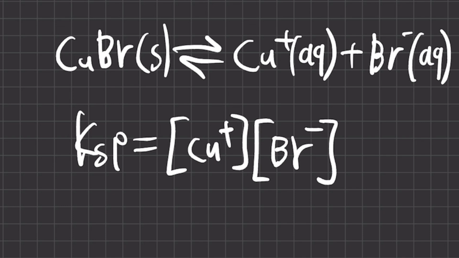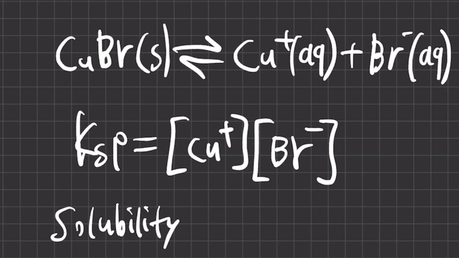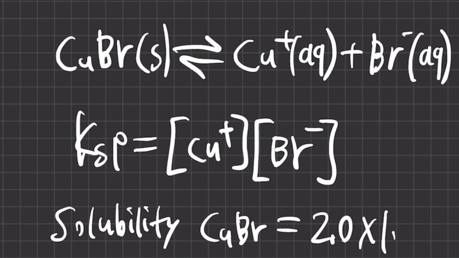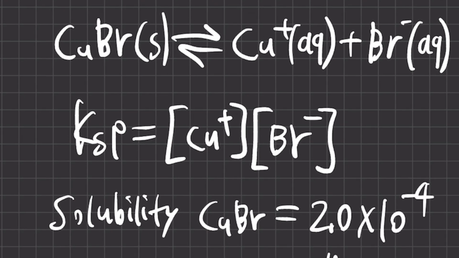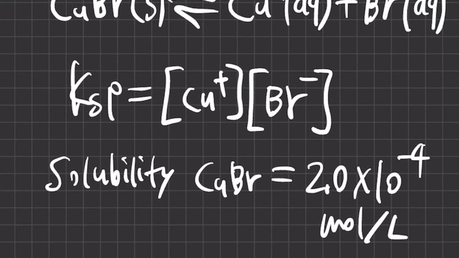Let's say a premise is that solubility of copper bromide is the same as 2.0 times 10 to the power of -4 mole per liter.